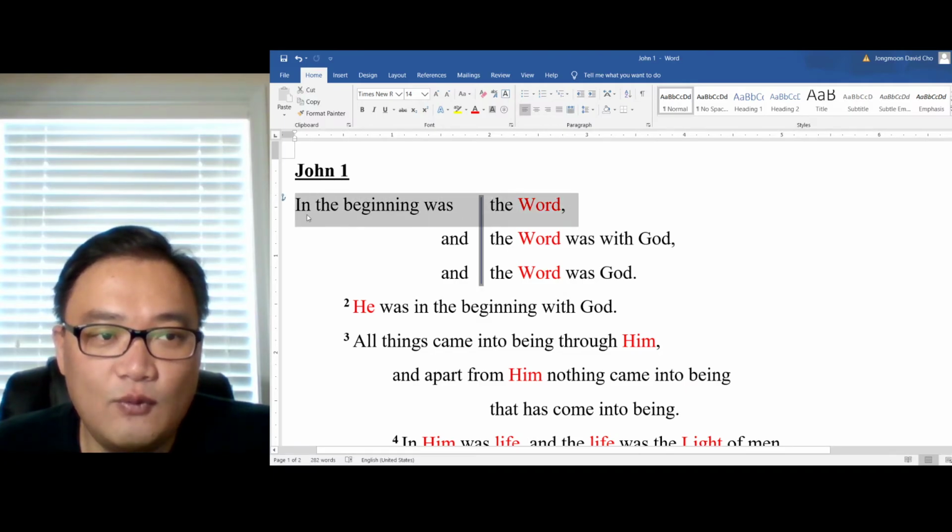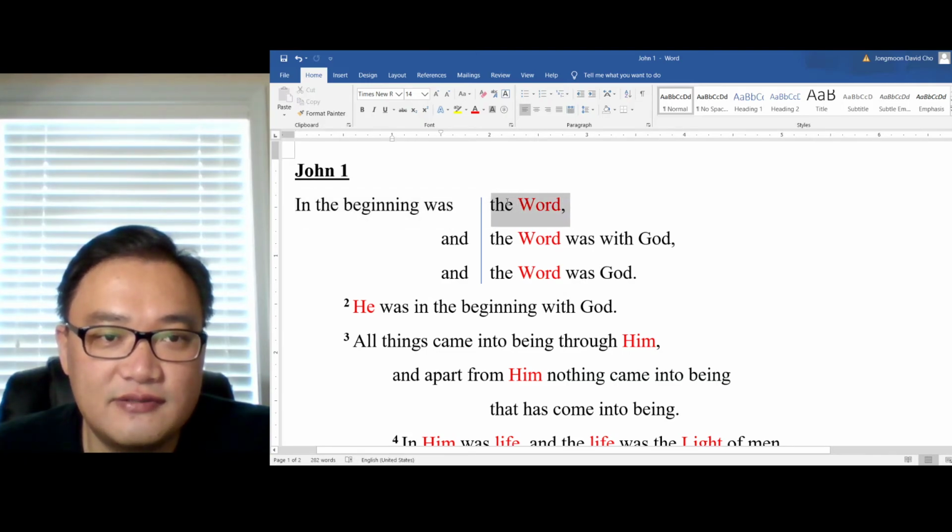In this first line, which one is the main noun? I would tell you it's the Word. And the verb would be was. Another way we can say it: in the beginning was the Word. Another way to say this is the Word was in the beginning.